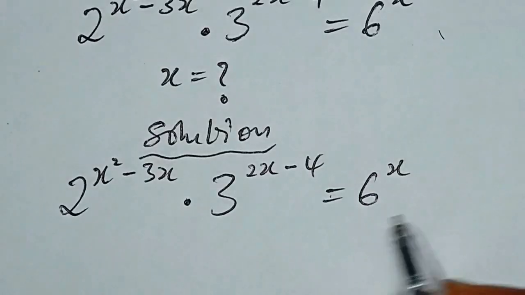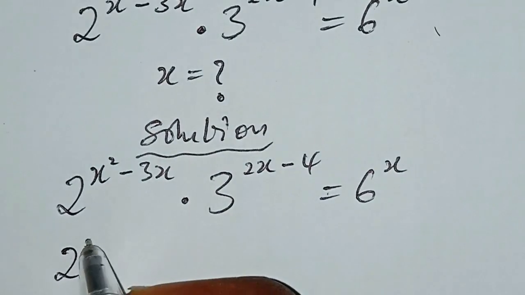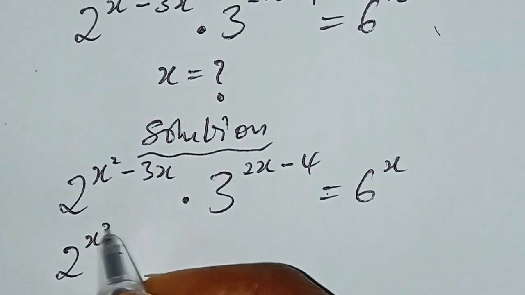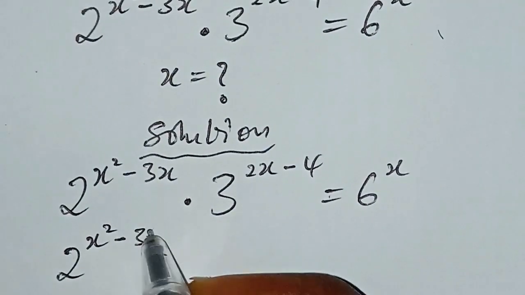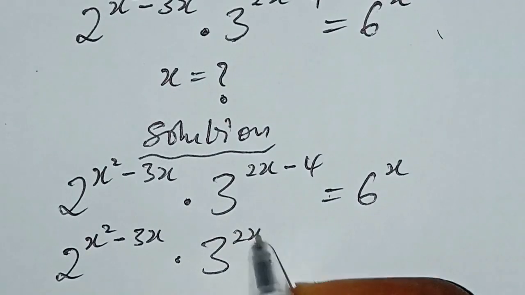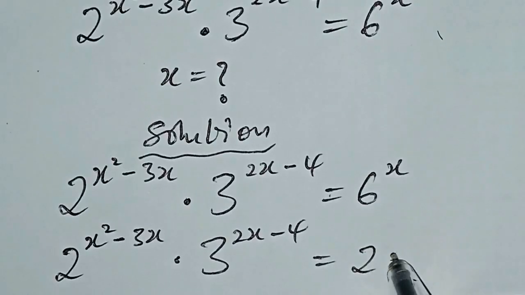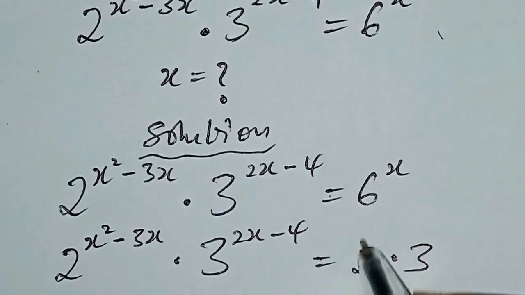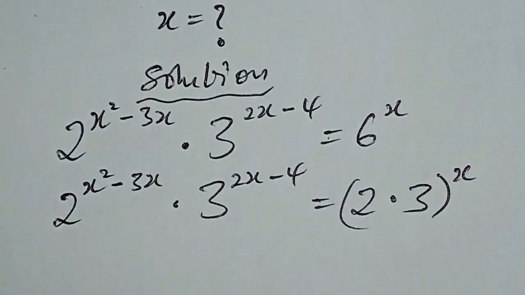Now, let's simplify the right hand side. So we have 2 to the power of x squared minus 3x multiplied by 3 to the power of 2x minus 4 equal to 2 multiplied by 3 all into bracket to the power of x.